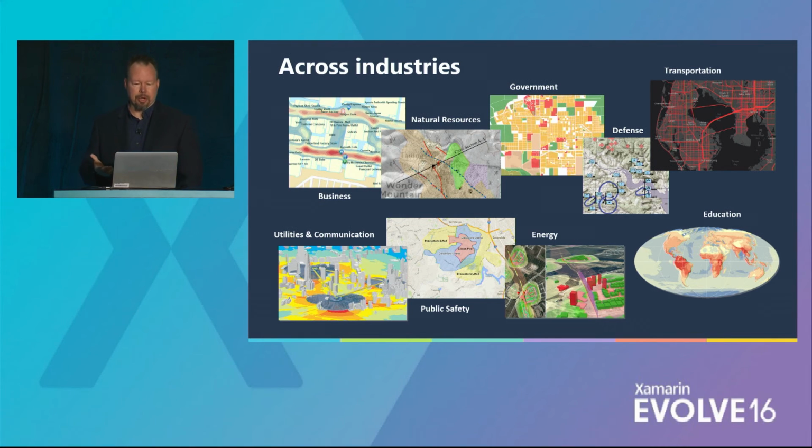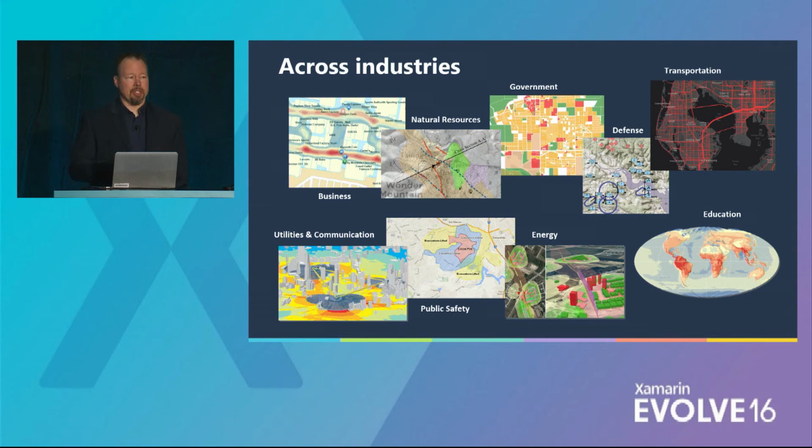A couple examples here in different industries: Wi-Fi coverage in a place of business, working with different mining resources in a work site, tax parcel distribution within a municipality, the location of friendlies and enemies on a battlefield for our defense industry, traffic flows for transportation networks, microwave distribution in an urban setting, and so on. Different applications, different fields, a variety of customers, both large and small, across many different industries.